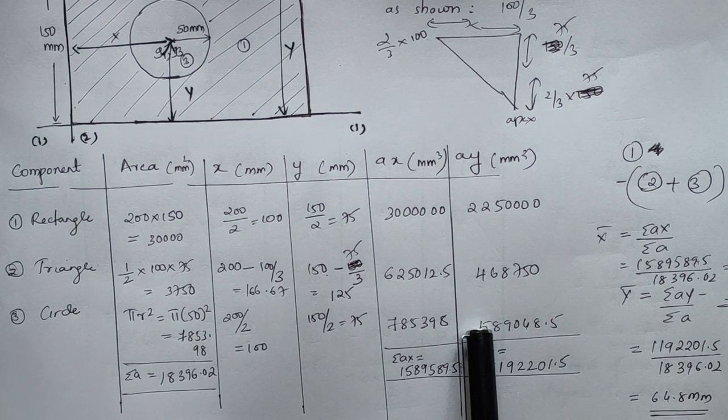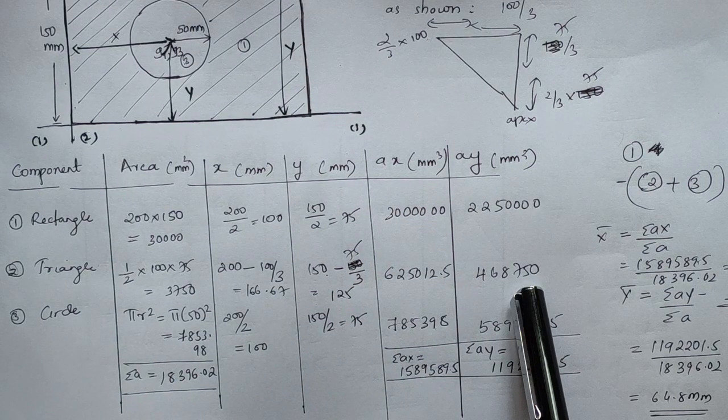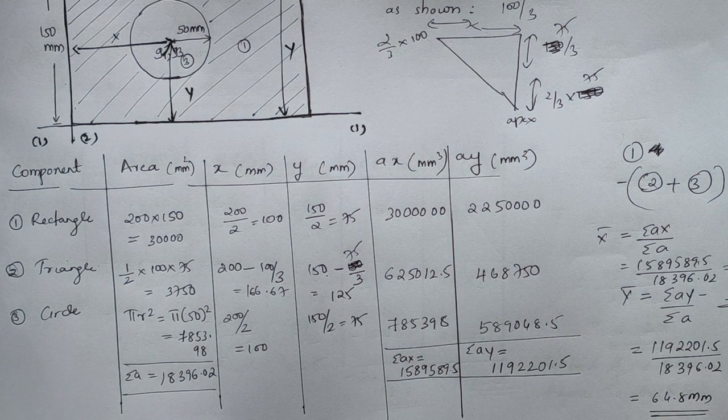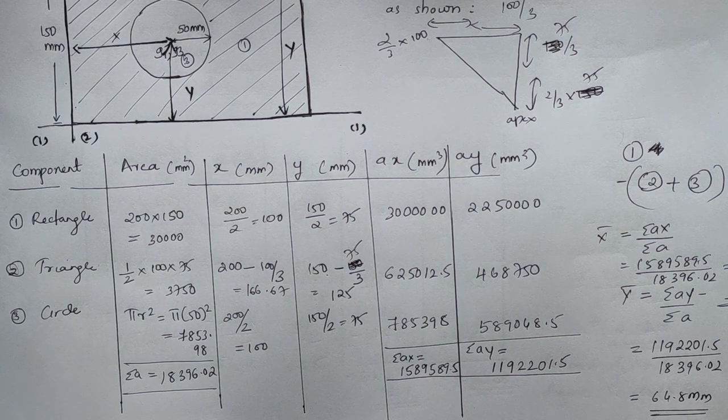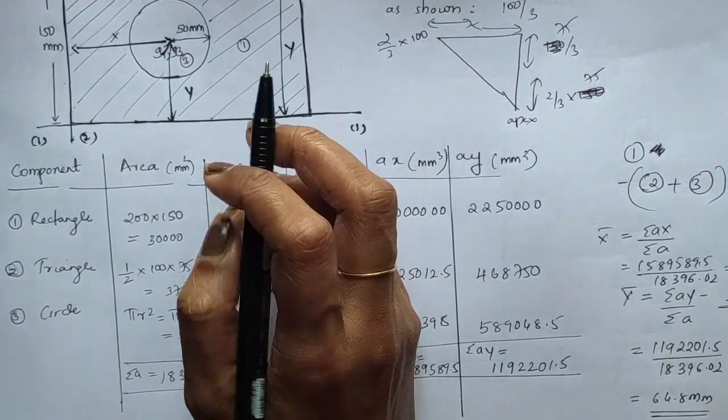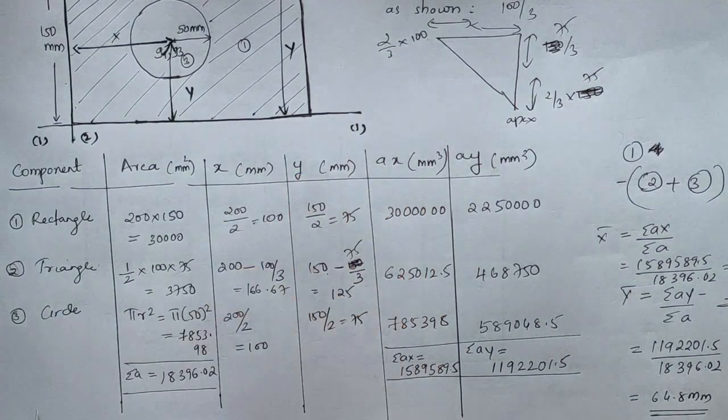I have calculated here, as you can see here. Now the next step is finding sigma ax, sigma ay and sigma a. You should be very careful while finding them, because there are 3 components here. If you need the area or the centroid of the shaded region, you need not add all the 3. If you add all the 3, you will not get the centroid of the shaded region.